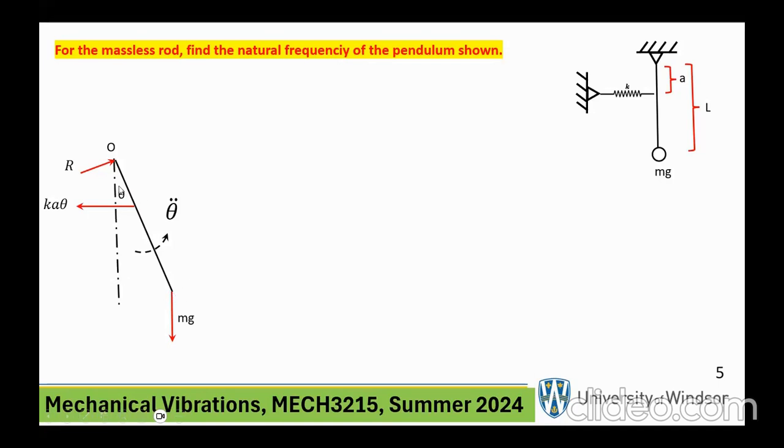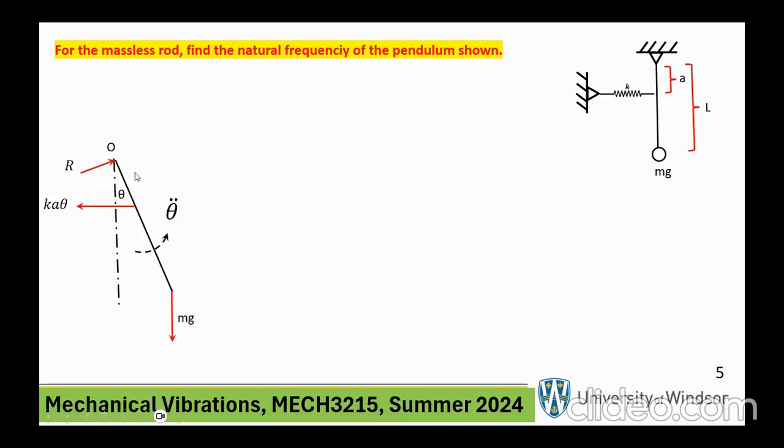I'm taking this angle theta as the coordinate, and the free body diagram is drawn here. There is a spring force, which is k times the amount of stretching. But the amount of stretching, assuming that we are using linearized theory, is going to be this length a times theta.